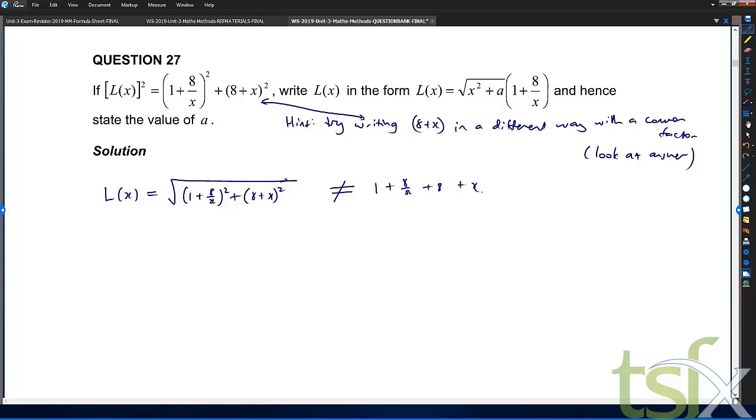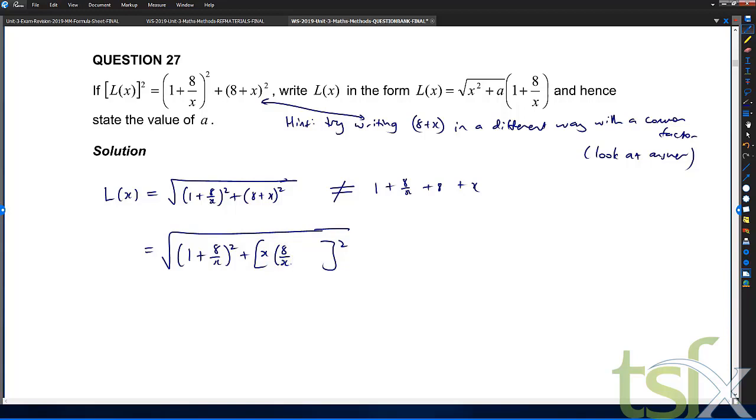So in the square root, this thing here is being squared, the 8 plus x all squared. I'm going to take out a common factor of x. Now you might think x doesn't go into 8. Well, I disagree. x goes into 8 on x times.